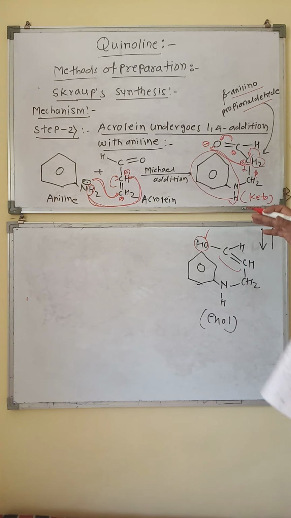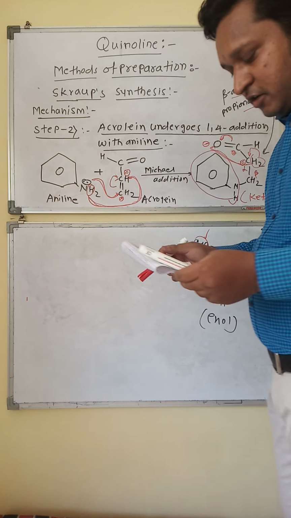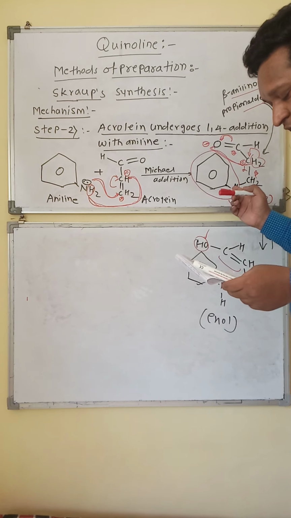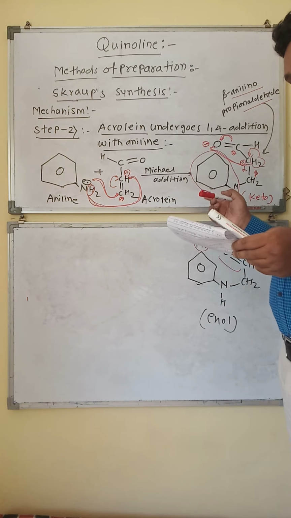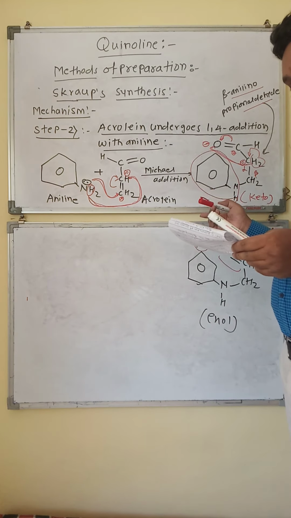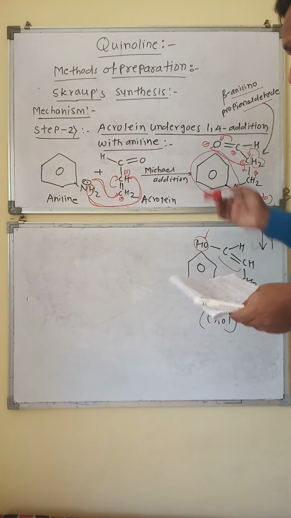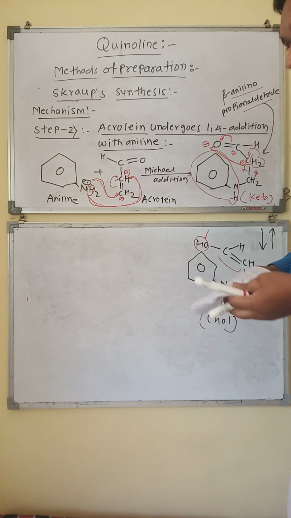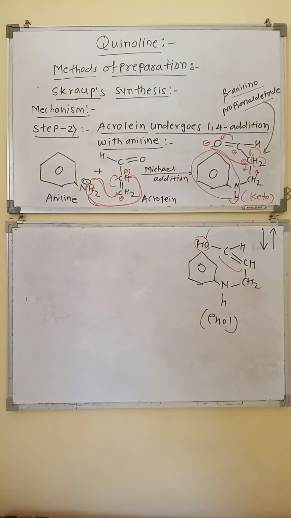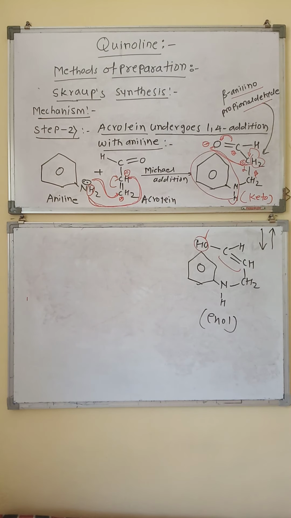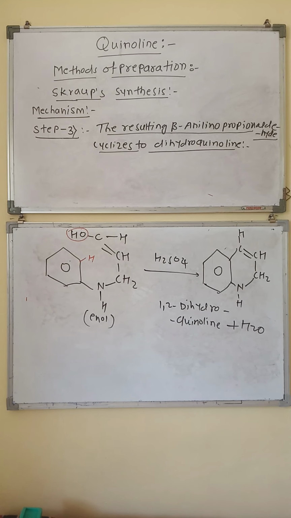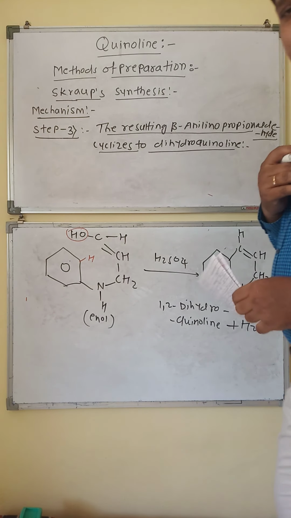This is about step number 2. Now next is step number 3. In step number 3, the beta anilino-propionaldehyde undergoes an intramolecular cyclization reaction, so we get the dihydroquinoline.